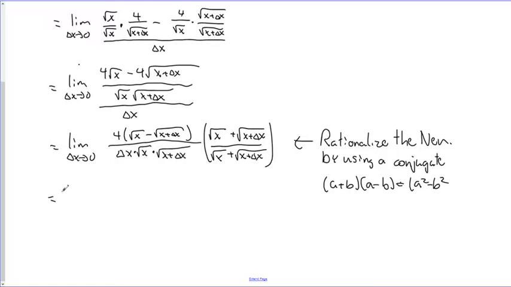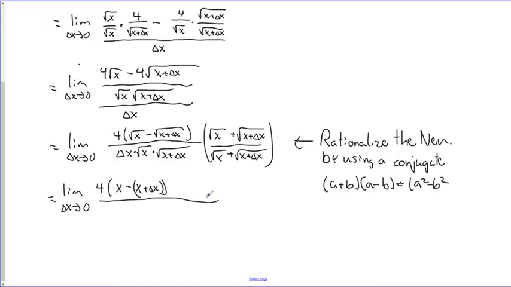And so that's going to leave me with the limit as delta x goes to 0 of 4 times, now square root of x times square root of x is just x, and then it will be minus square root of x plus delta x times square root of x plus delta x is just going to be x plus delta x, and that's going to be in parentheses there.